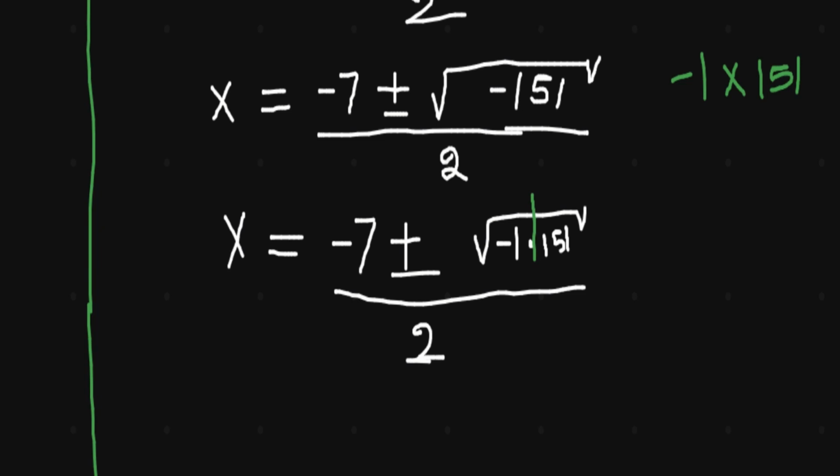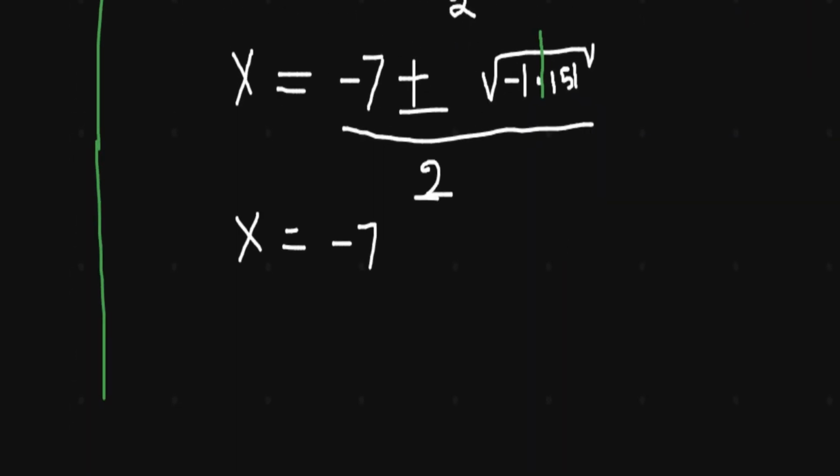So we can write x equals minus 7 plus or minus, writing the roots separately, the square root of minus 1 and the square root of 151, by 2.